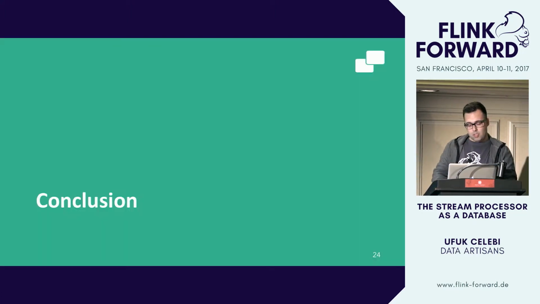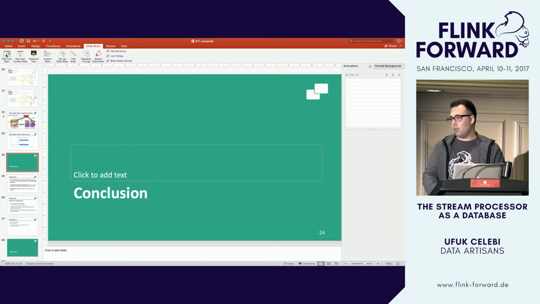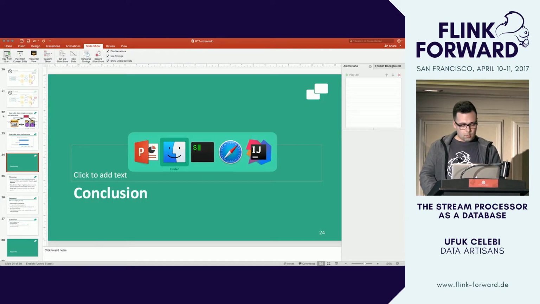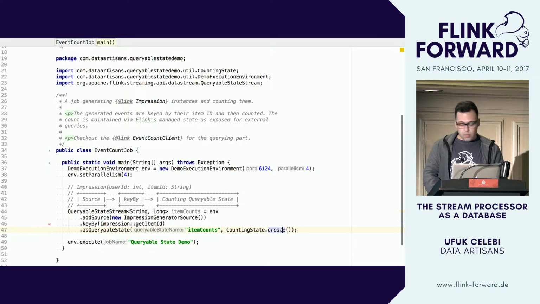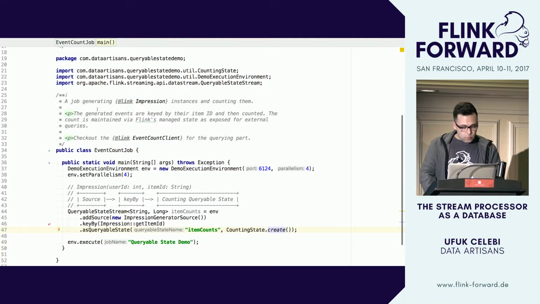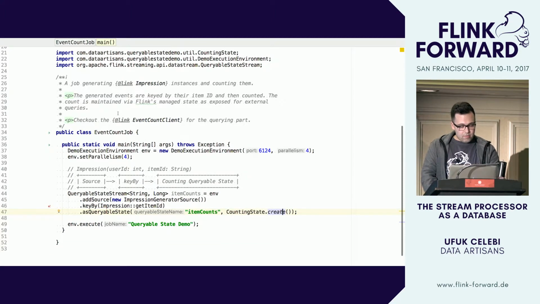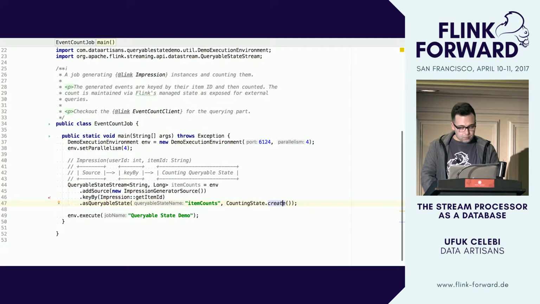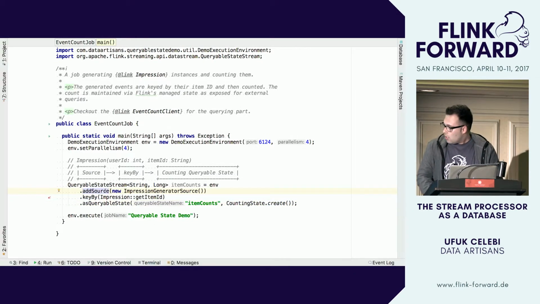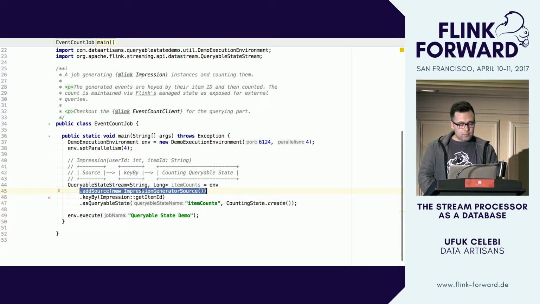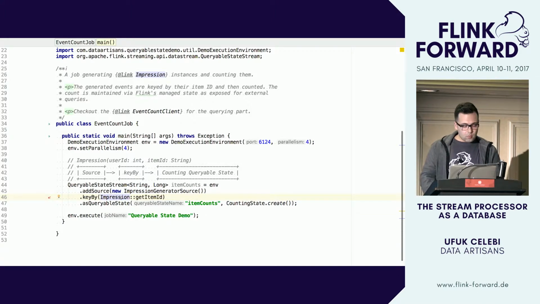Let me show you how this actually looks in practice. So what we have here, is this readable, or should I increase the font size in the back? All right, cool. What we have here is a very simple Flink job where we generate some data. The data we generate are impressions, a very simple data type, just a user ID and an item ID.